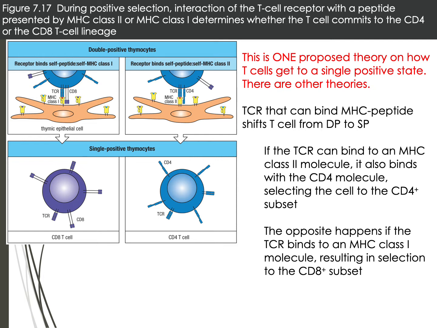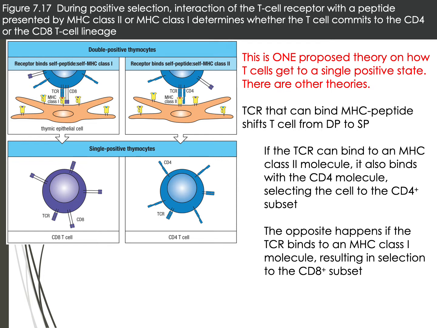On the other side, we have our double positive thymocyte, and it's interacting with its T cell receptor with an MHC class 2. So the co-receptor for that is CD4. So CD4 T cells interact with MHC class 2. So this is going to become a CD4 T cell. Okay.